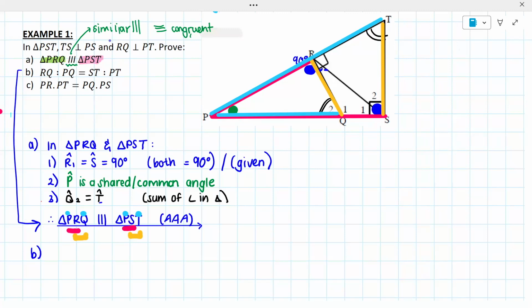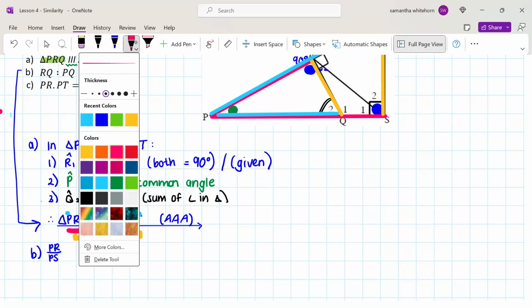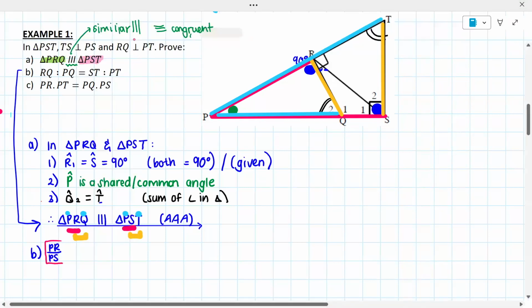So what I mean by that is side PR is in proportion to side PS. So that was the pink that I highlighted. I know it's a lot of colors, but for those of you who are visual learners, it is quite useful. So those are the pink sides that we highlighted.